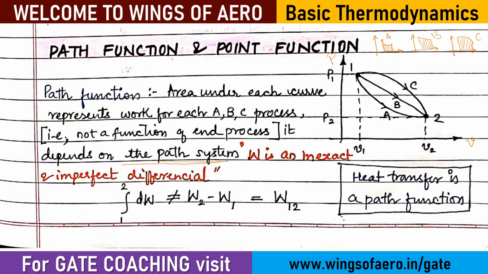The path represents the process, right? So each curve A, B, C will represent which process. It is irrespective of the initial and final point, right? It depends on the process.